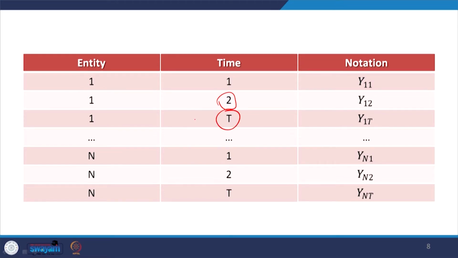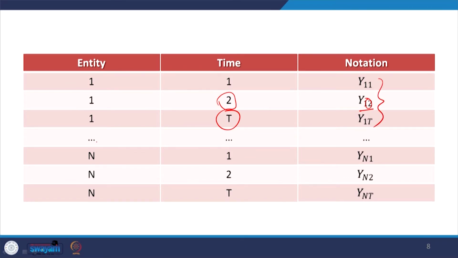Now, the notation for the dependent variable is y11 for the first entity, and y12 for the second time period. Okay. 1 2 stands for the time period. Now till tth period, if tth period data is given for the first individual, then it is interpreted like this.